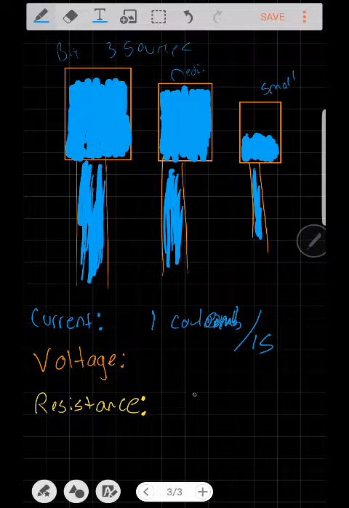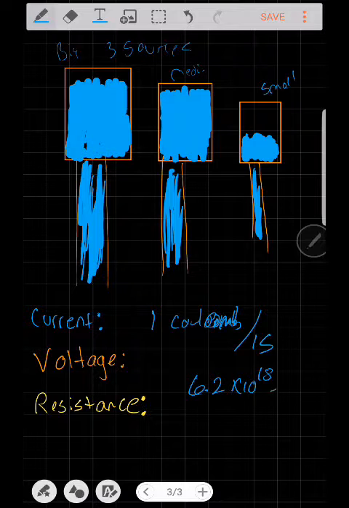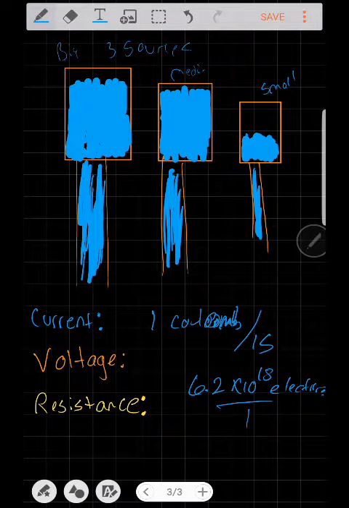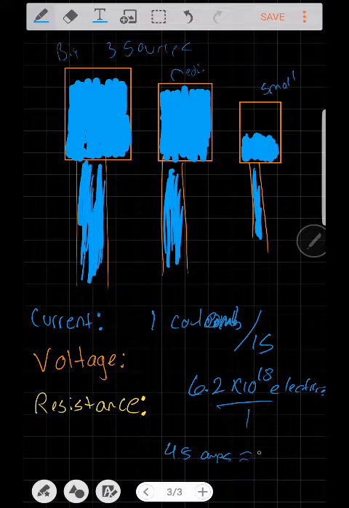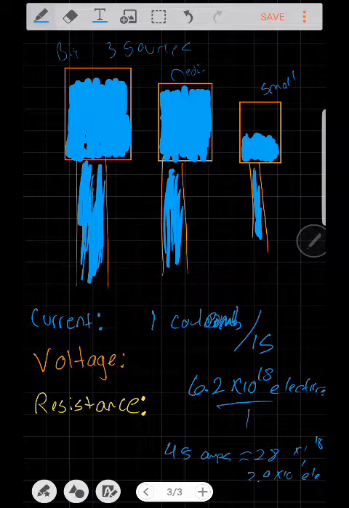And a coulomb is 6.2 times 10 to the 18 electrons, or the charge of electrons, however much energy an electron would bring for every 1 second. So that's what an amp is. If something is 4.5 amps, it's 4.5 times 6.2, so you're looking at roughly 28 times 10 to the 18, which makes it 2.9 times 10 to the 19 electrons for every 1 second. That's kind of what it's saying.